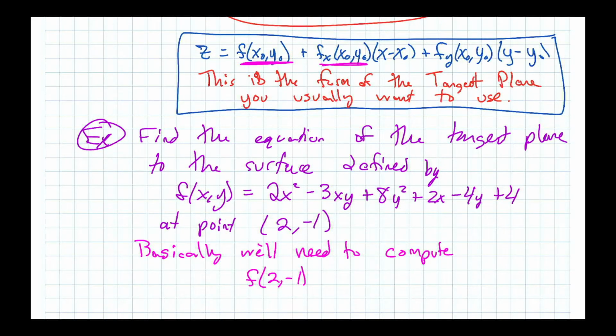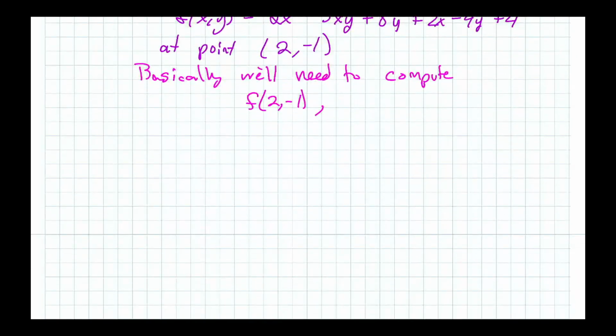And then we need fx and fy also evaluated at that point. Okay, so those are the three numbers that we need to calculate, and then we can just write our equation. So we'll do them one by one. Let's start with f of 2, negative 1, because that's going to be the easiest to compute.